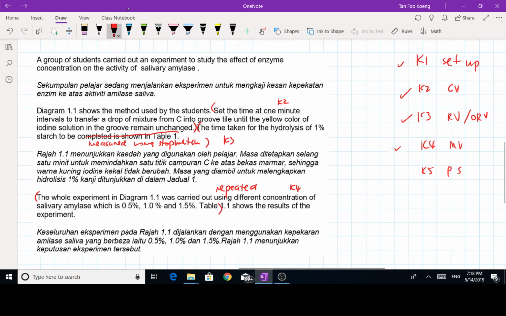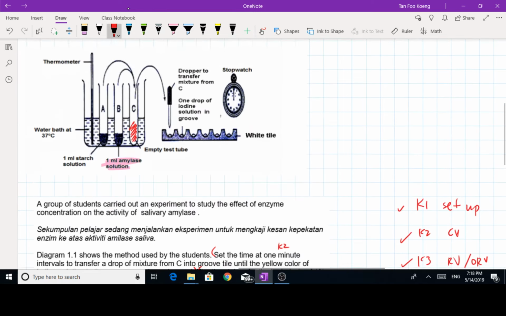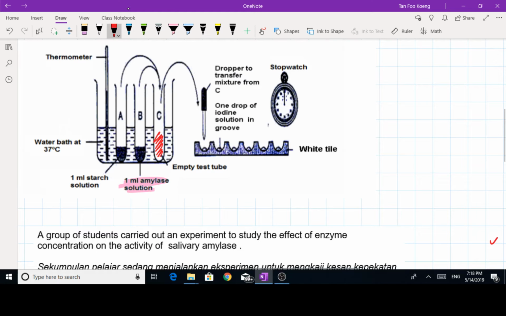And then what is the precaution? The precaution in this experiment. Now, in this case, you have to mention that the stopwatch is started immediately. Now, immediately itself tells you how urgent it is. Immediately after A and B were added into C. Now, because when A and B were added into C, amylase actually mixes with starch.